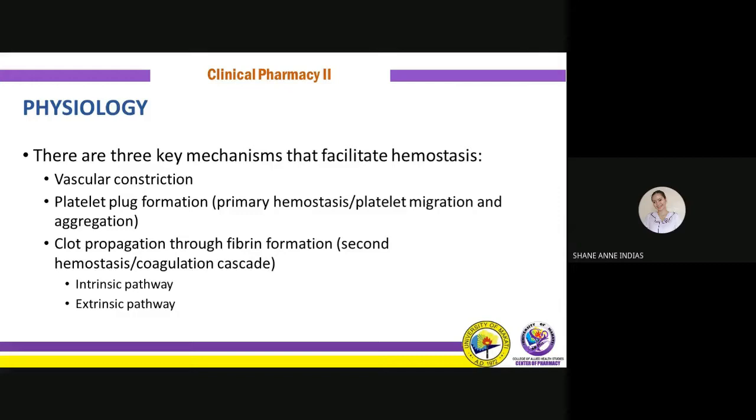This extrinsic pathway, it begins with the release of thromboplastin from the damaged tissue. So, kung sa intrinsic pathway, ma-assess natin siya via the activated partial thromboplastin time, ito namang extrinsic pathway, ma-assess natin kung tama ba yung function niya via this laboratory test na tinatawag na prothrombin time. And abnormalities in these pathways can lead to either bleeding disorders or thrombosis.